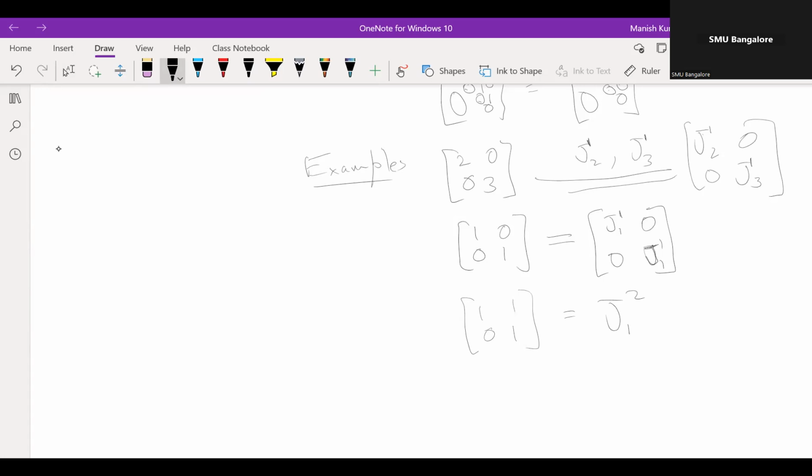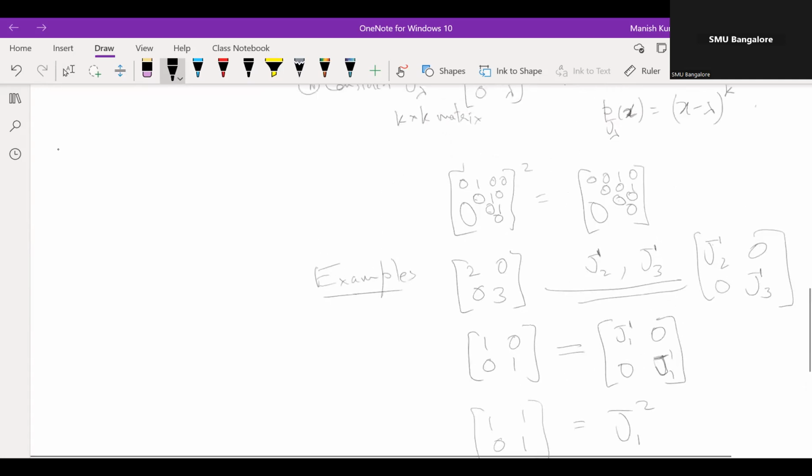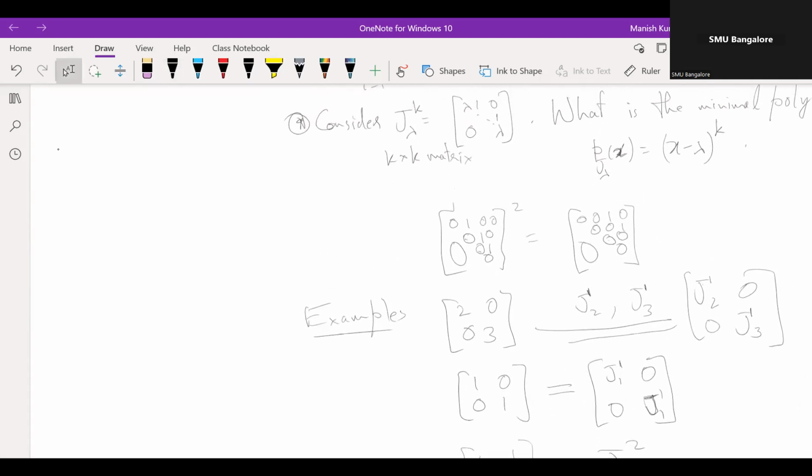So the objective is, if I give you any matrix, you try to get it into a Jordan form. If you have a matrix in real numbers, you assume it is complex numbers, and you try to write it in the Jordan form. The point is, these lambda i's may not exist in the field of definition.